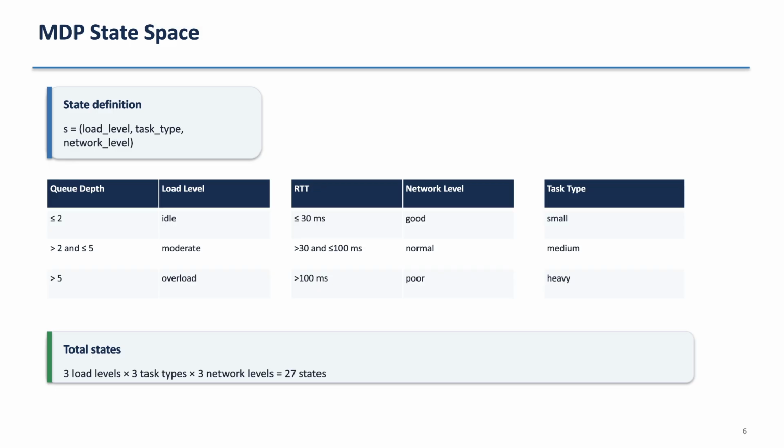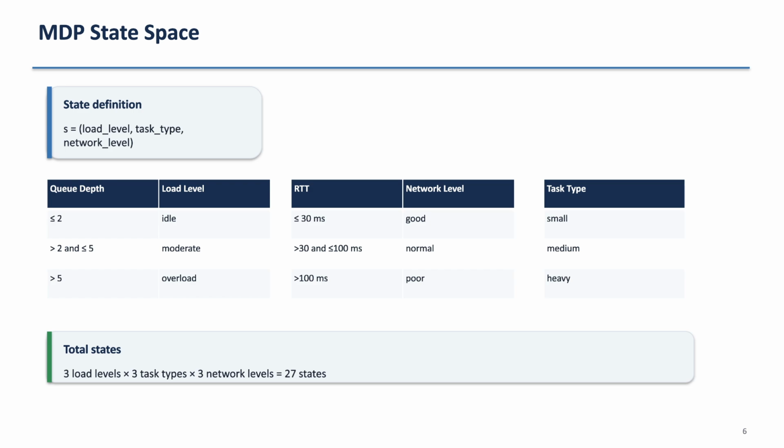For the RTT of the network level, when the RTT is less than 30 milliseconds, the level is good. When the RTT is between 30 milliseconds and 100 milliseconds, the network level is normal.